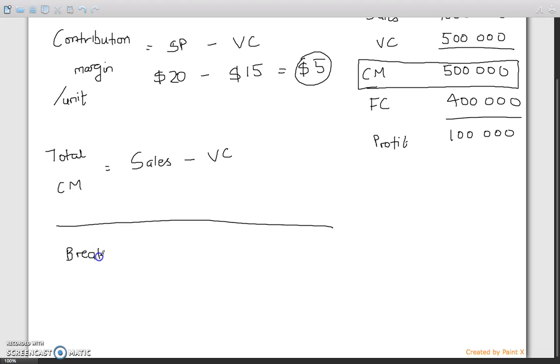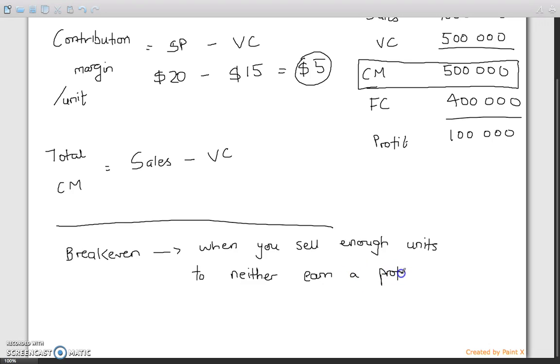So what is break even? So break even is basically when you sell enough units to neither earn a profit or incur a loss.